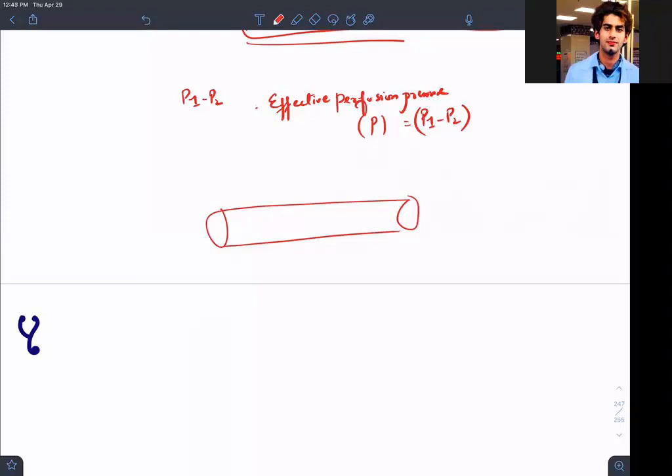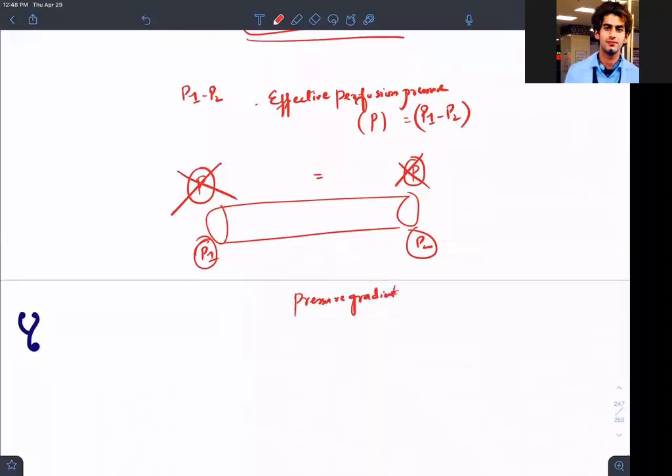So first you have to make a pressure difference. If you have two equal pressures, P and P, that means P is equal to P, no flow will happen. But once I take P1 and P2, one pressure and another pressure, we describe it as a change in the pressure, a pressure gradient. If you have a pressure gradient, there will be flow.